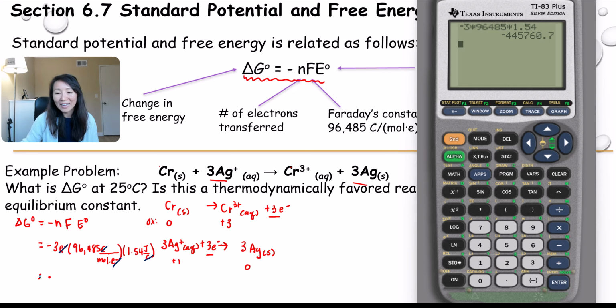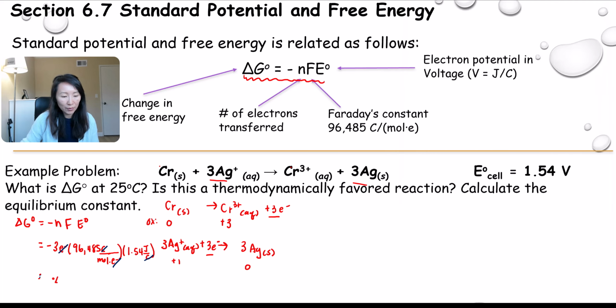So we get approximately negative 445760 joules per mole.